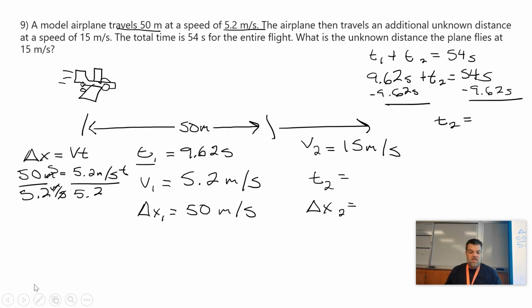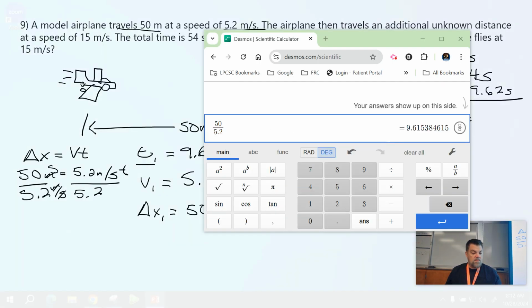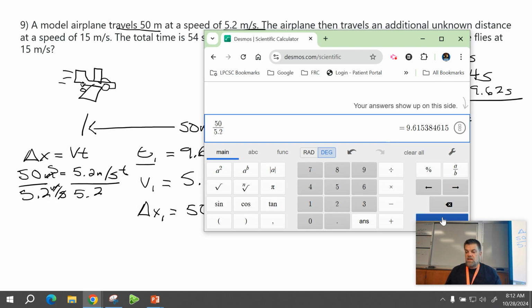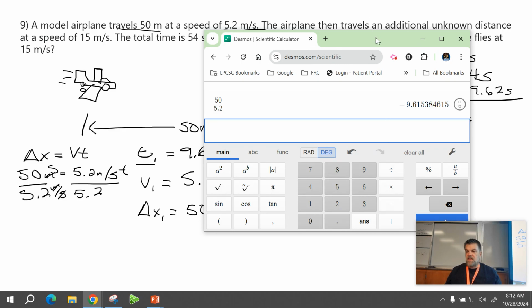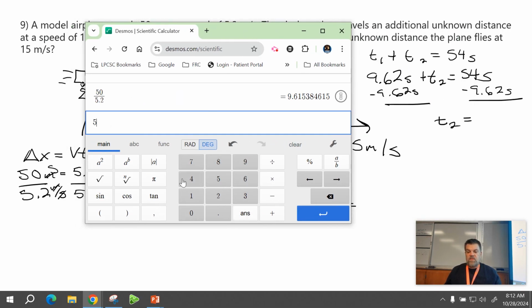So let's plug that into our handy dandy calculator: 54 minus 9.62. So I got about 44.38 seconds.